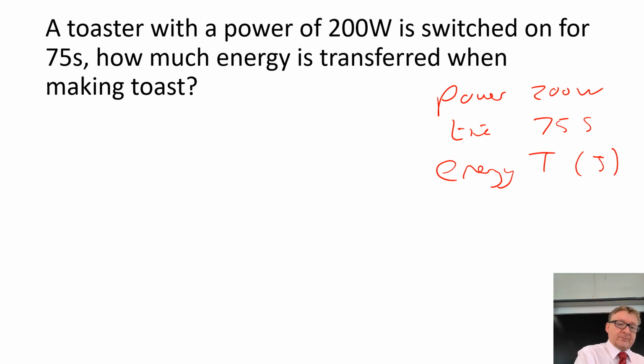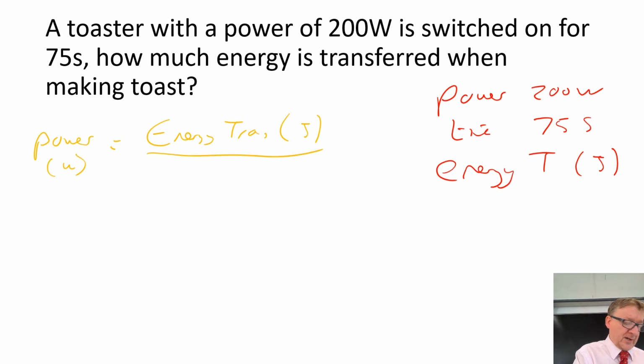Look for my equation. I'm going to do a different colour now, I'm bored of red. Power in watts equals energy transferred, which is in joules, because energy is always in joules, divided by time in seconds. Substitute in. Okay, 200 equals energy transferred, don't know it, divided by 75.